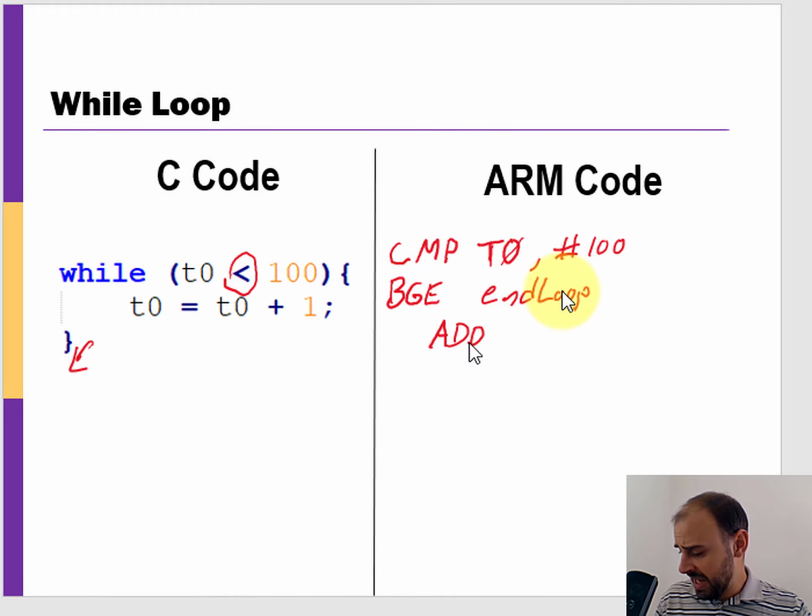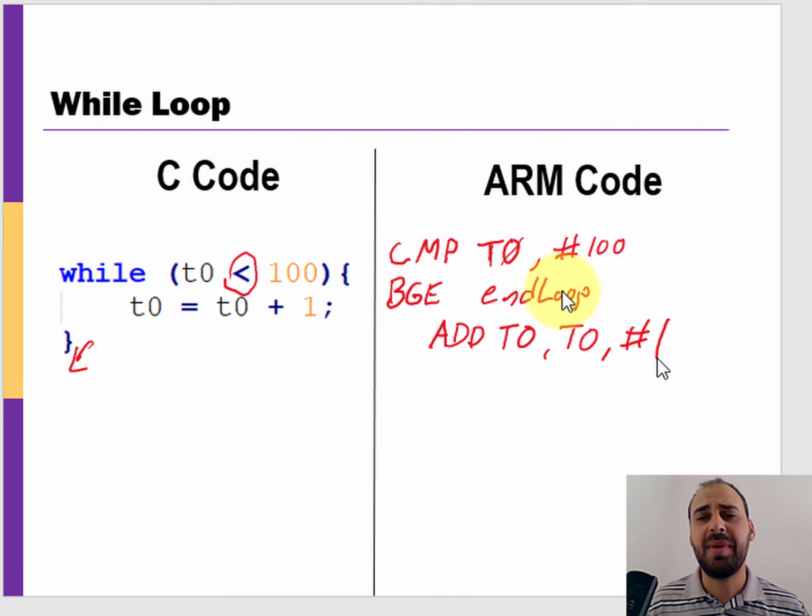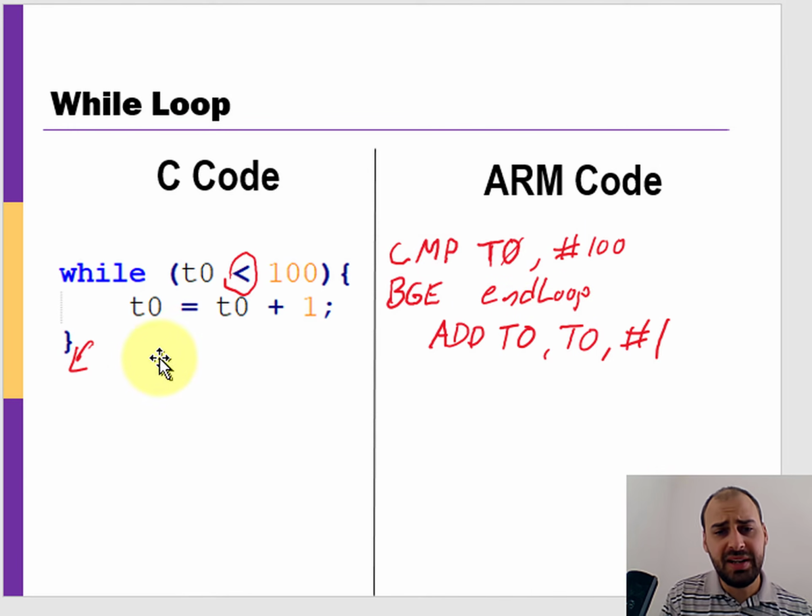If we enter the loop body, we're going to simply add: T0 is equal to T0 plus 1, with pound 1 being our immediate value. Then to close the loop, we need to jump back. In our normal C code, when we get to the end of the loop code block, we come back up and check if the condition is true or false.